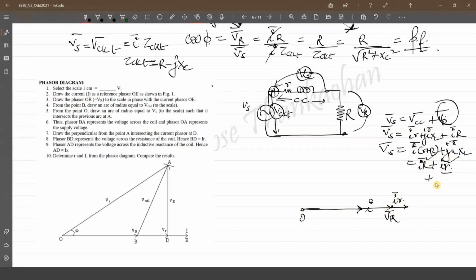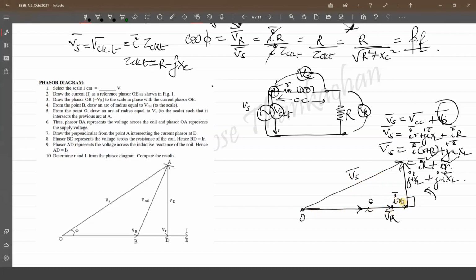What is the next term which is left? Plus j times I into XL. J times means rotation by 90 degrees, so this should be rotated by 90 degrees in the counterclockwise direction. The magnitude is I into XL. The sum of these, VR plus I into small r plus j times I into XL, should be equal to Vs, so this is the Vs phasor.